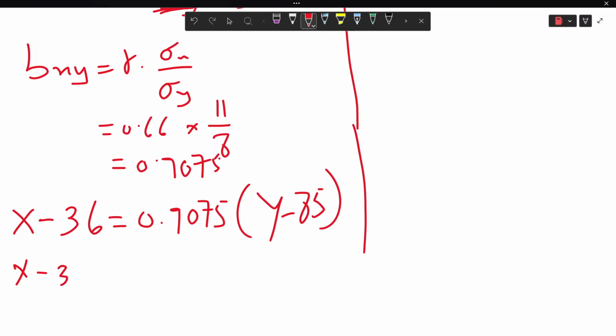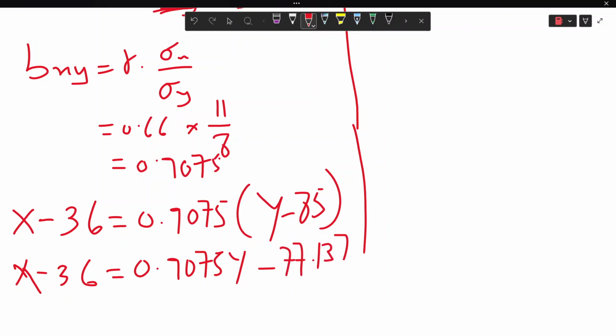So x minus 36 equals 0.9075 times y minus 0.9075 times 85. We have 77.1375.